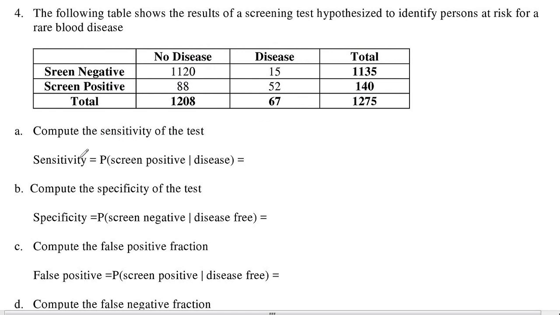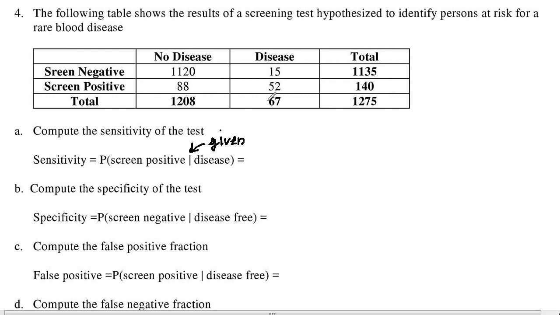So remember, sensitivity of the test is the probability that the screen was positive given that the disease was present. So this is a given condition. Remember, this vertical bar means given. That's a conditional probability. So they have the disease, that's the given.